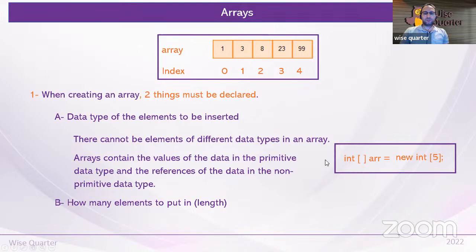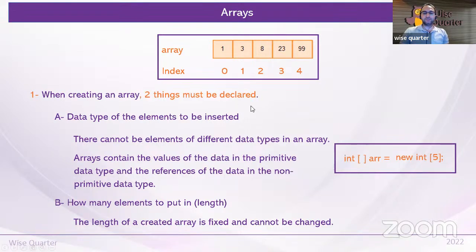This part is not important for now. Don't worry about it. We will talk about it when time comes. Yes, the length of array is fixed and cannot be changed. It's very important. Data type and the length. Those are the 2 things you should be careful when you are creating an array.